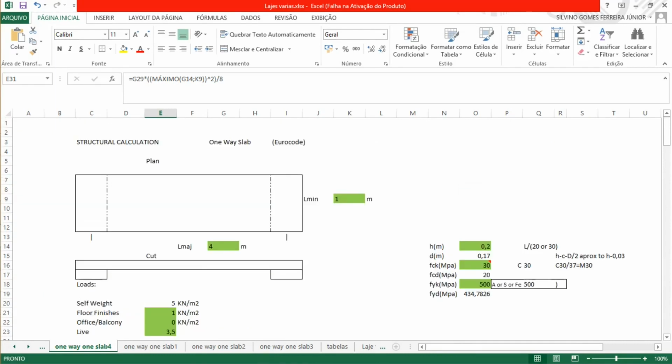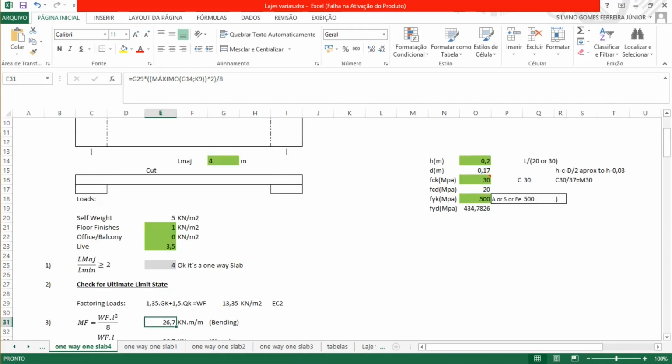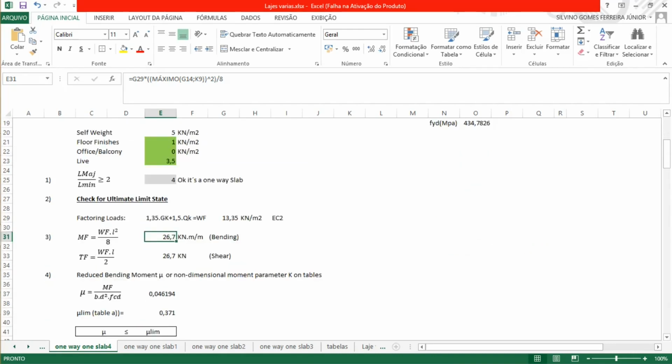Normally, in many cases, it will be supported differently to save steel, so it's the shorter span that is considered to calculate this factored moment and shear. So 26 kilonewton meters, and 2 for shear.